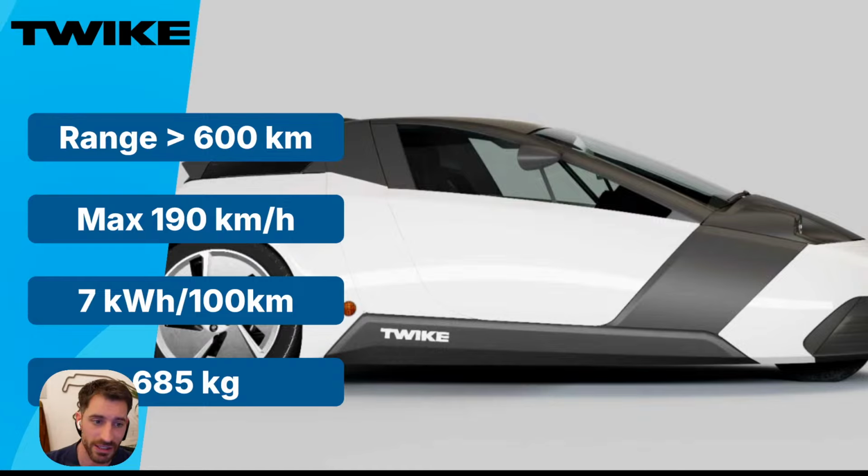In this case, the development involves an electric vehicle with a range of more than 600 kilometers, a top speed of up to 190 kilometers per hour, and a very high efficiency with an energy consumption of just 7 kilowatt hours per 100 kilometers, which compares to maybe a Tesla Model 3, which I believe is between 12 and 15 kilowatt hours per 100 kilometers, so dramatically lower than that one, and a weight of just 685 kilograms.